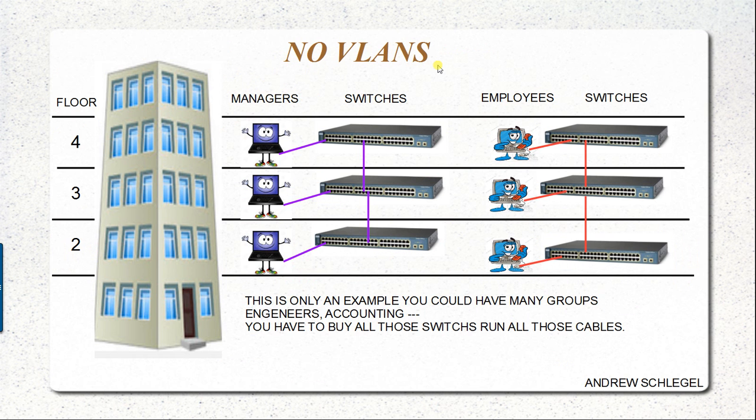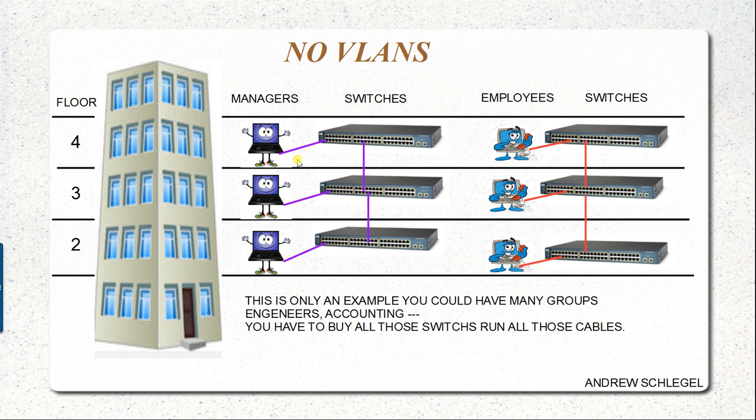So if we have no VLANs and we want to allow the managers to communicate with each other only, then we have to put a switch on each floor, and we have to connect all the managers together on each floor. Let's say 5 managers and 15 employees on each floor.